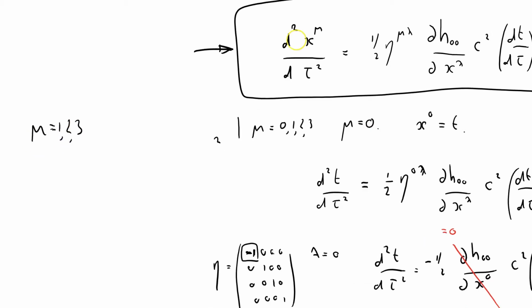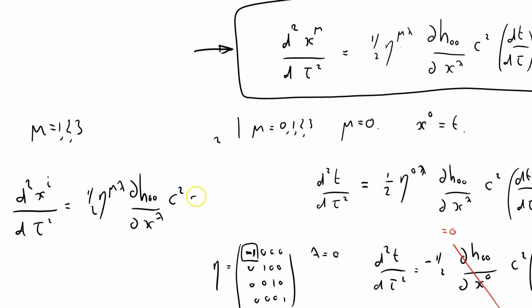So I'm just going to substitute it into this equation here, and we've got d2xi by d tau squared, you'll remember index i runs over 1, 2, 3, equals a half eta mu lambda di h 0, 0 by di x lambda c squared dt by d tau squared.